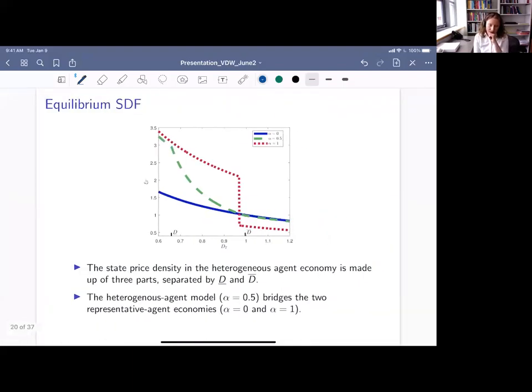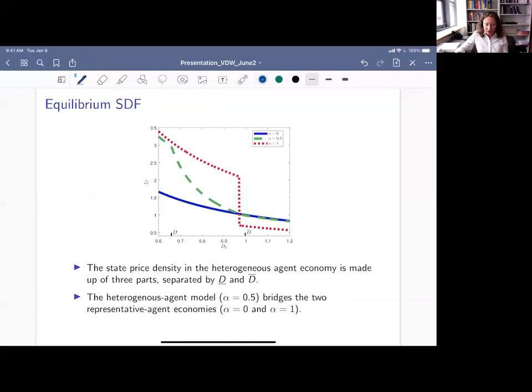So in terms of the pricing kernel, here I plot three economies. The blue line is the representative agent risk-averse economy. The red dotted line is the representative agent disappointment-averse economy. And the green one in the middle is our economy with the two agents. Let's start with the two polar cases first, and then I'll discuss our model.